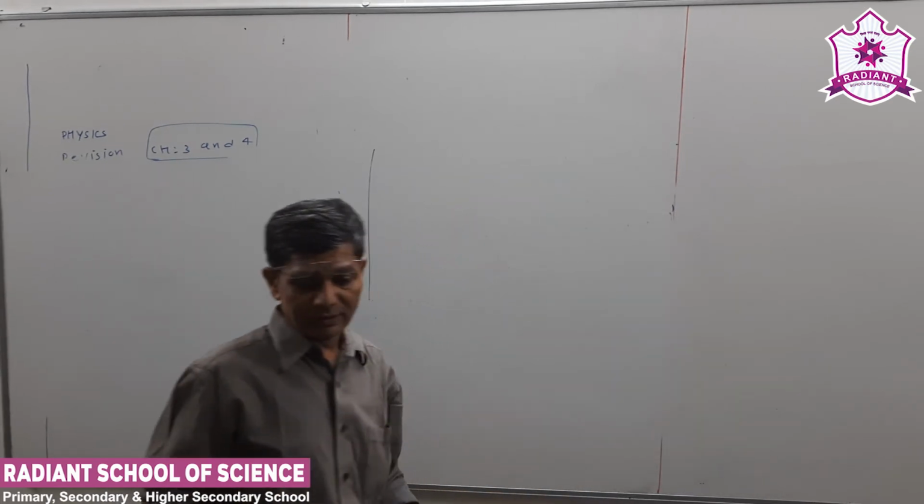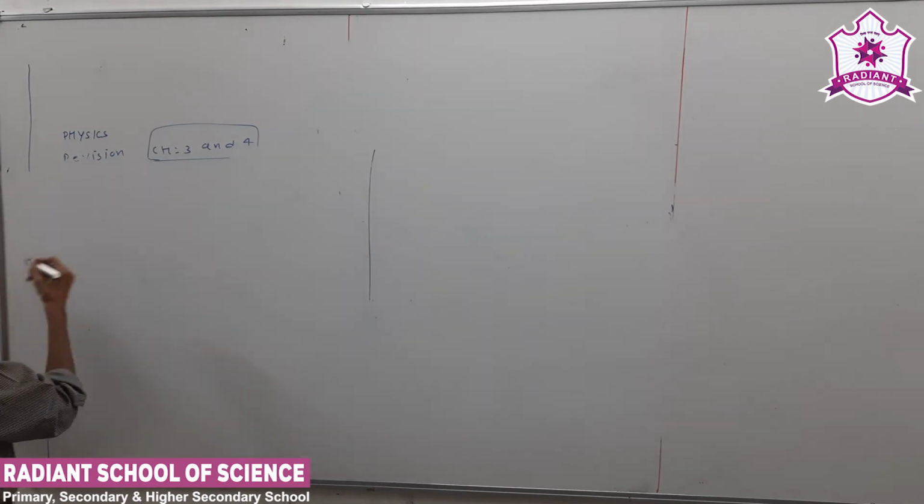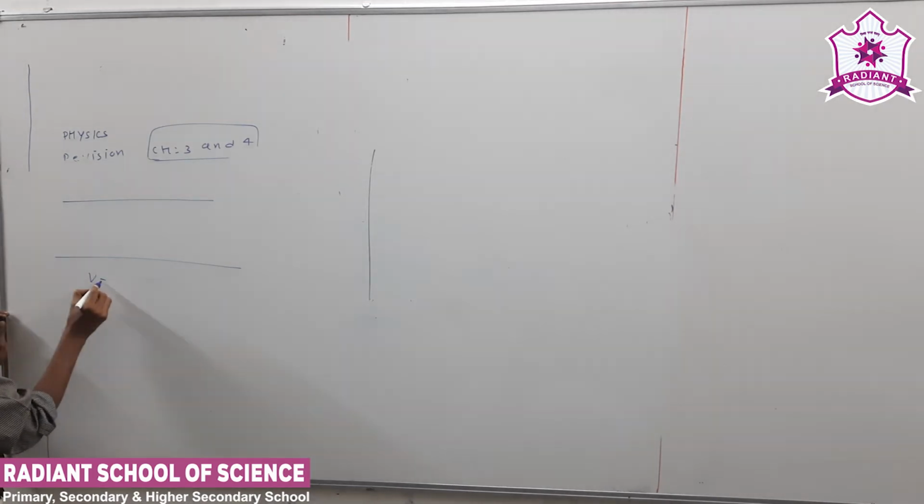See, we take a question related to relative velocity. Now, the velocity of a swimmer is 4 km per hour.